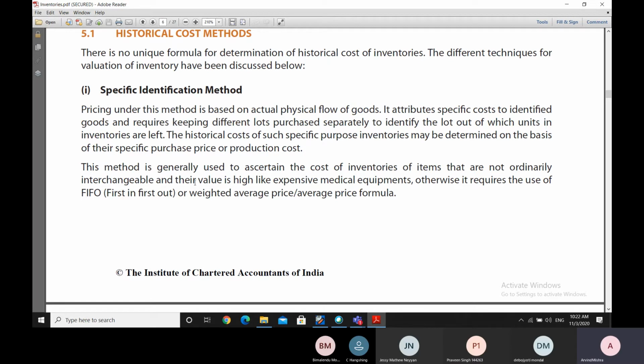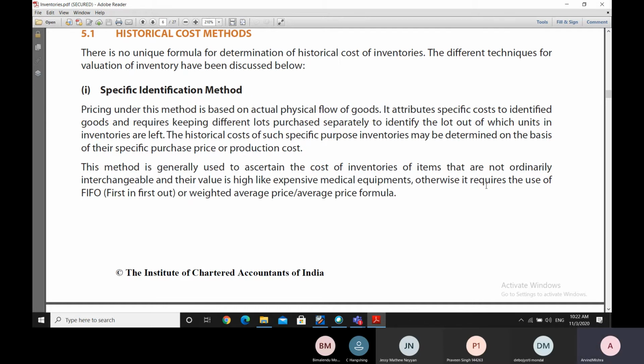They are not uniform in nature. They are separate items. And of course, their value is high. Like, when we are buying expensive medical equipments. So every item is different and it can be kept in a separate lot and its price can be identified. Its cost can be separately identified from the lot.